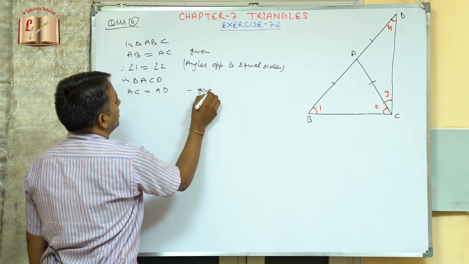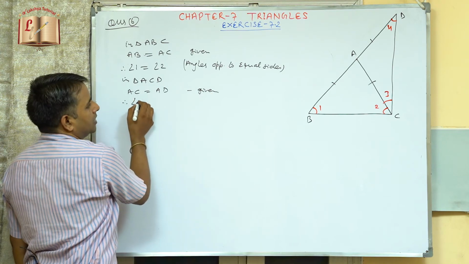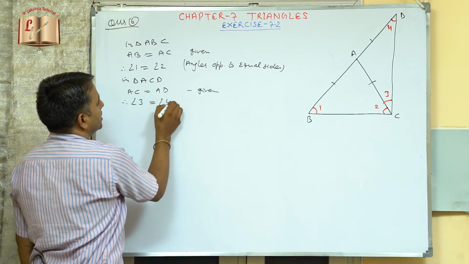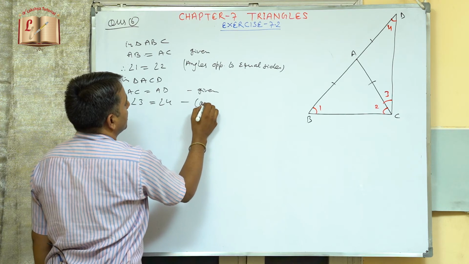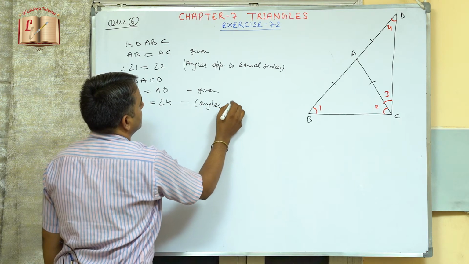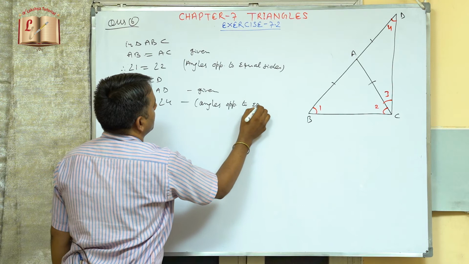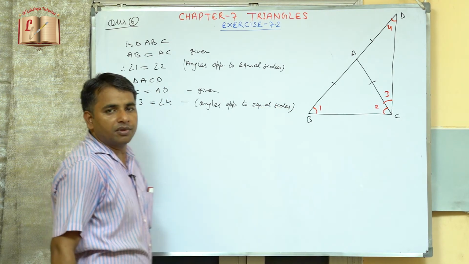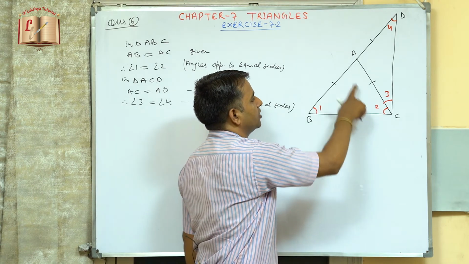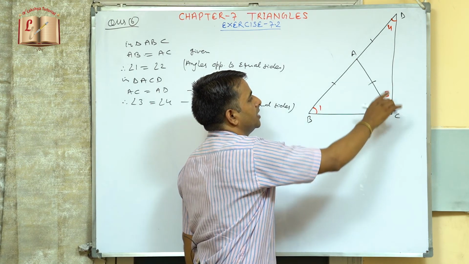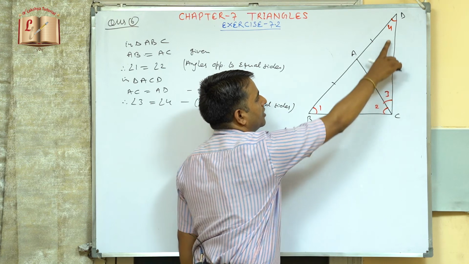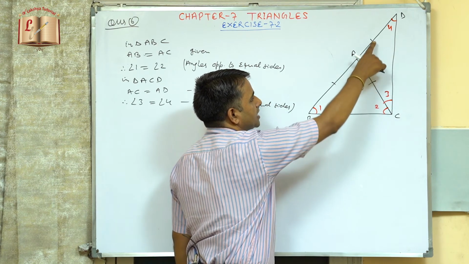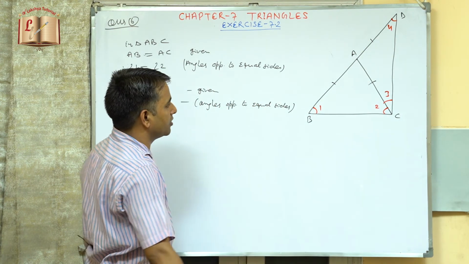This is given to us. Therefore angle 3 will be equal to angle 4. Again these are the angles opposite to equal sides. So angle 1 equals angle 2 because AB is equal to AC given, and for this triangle angle 3 will be equal to angle 4 because this side AC is equal to AD. This is given to us.